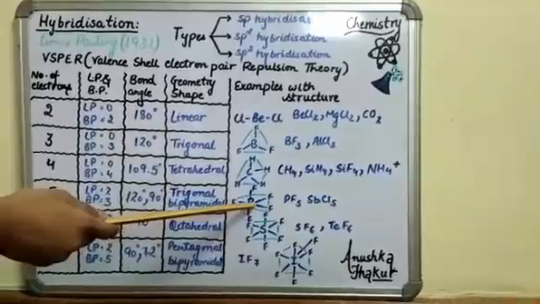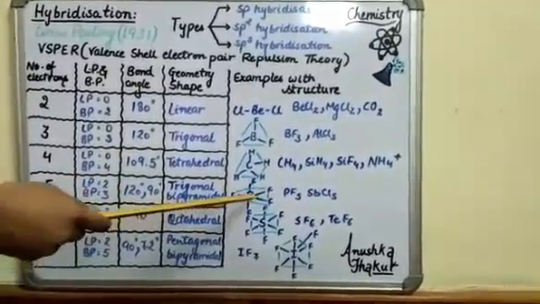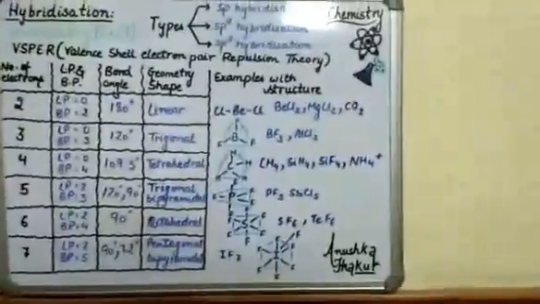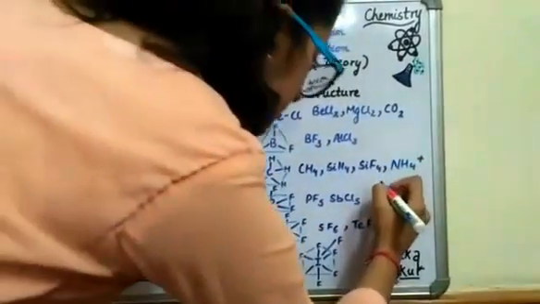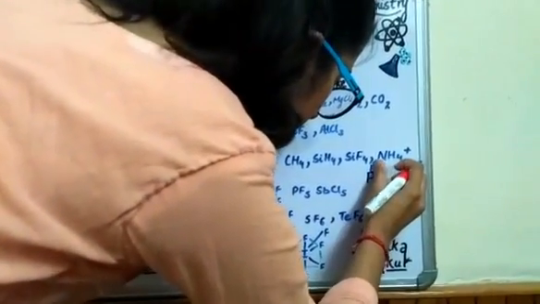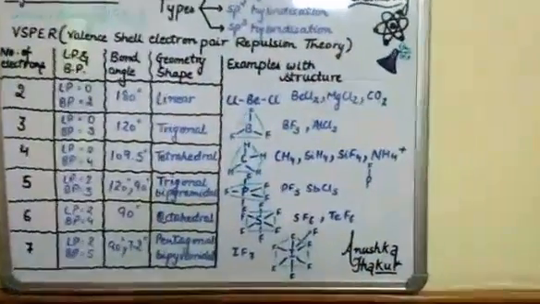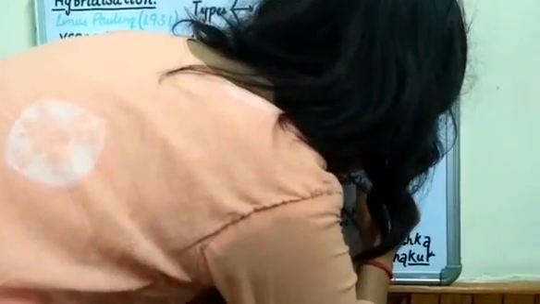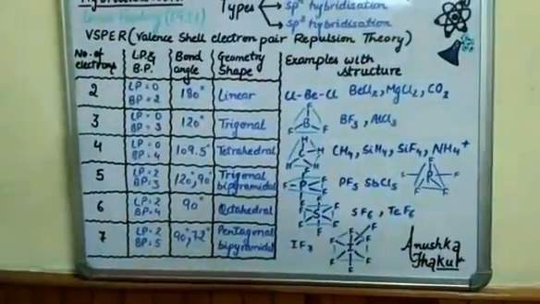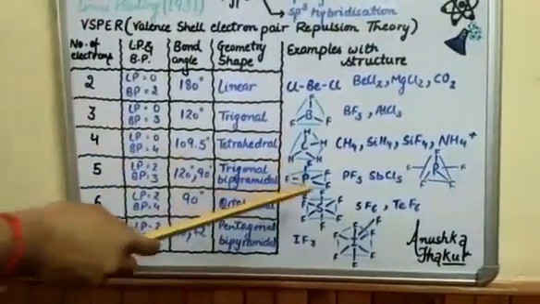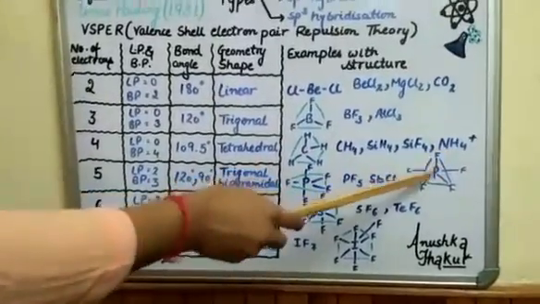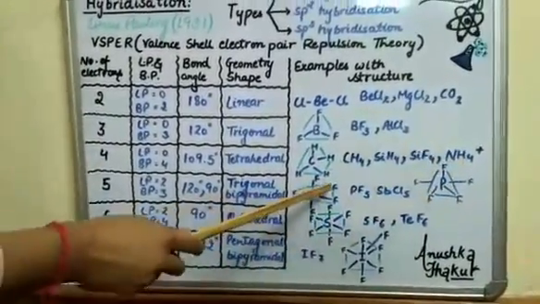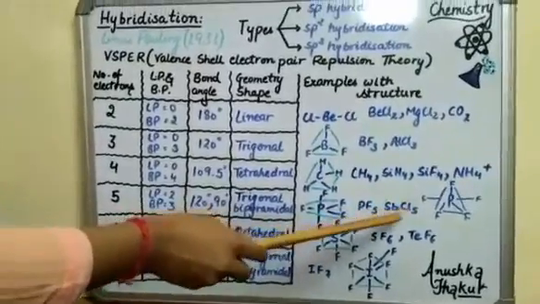P we have written in between, with 5 F. You can draw it in this way also, but the triangle should be in shape. Here I have drawn the triangle shape in this way. So PF5 and SbCl5.